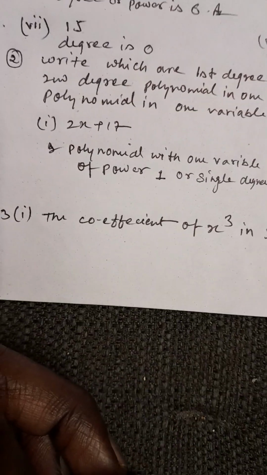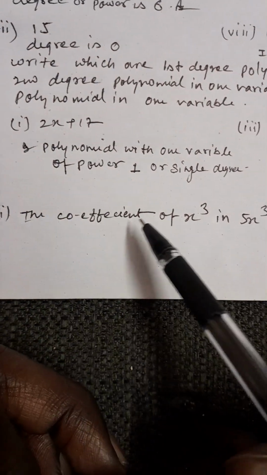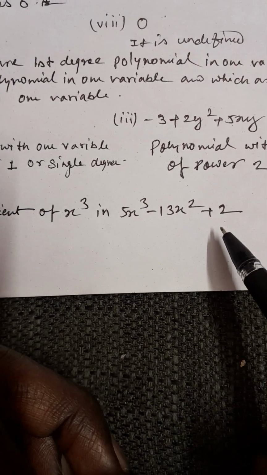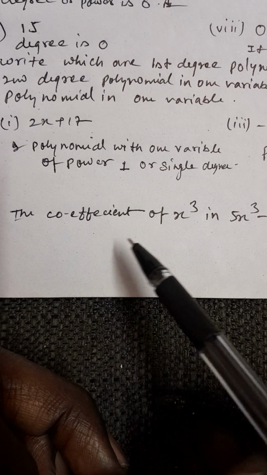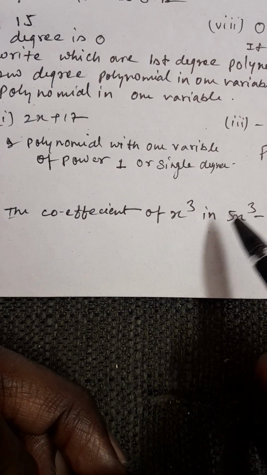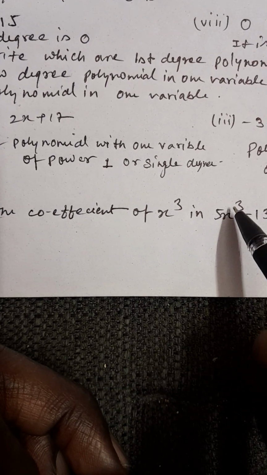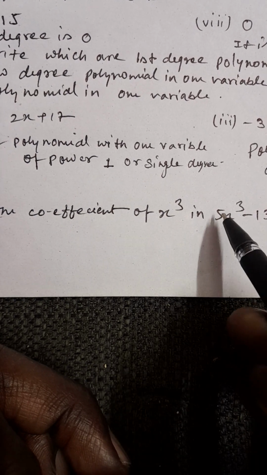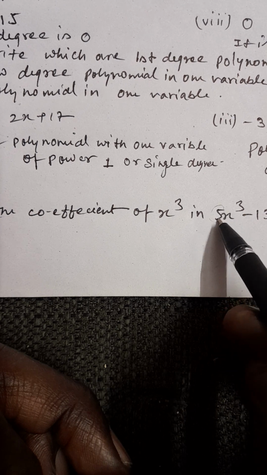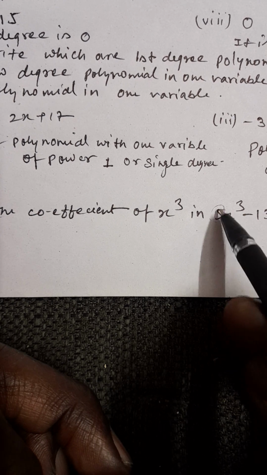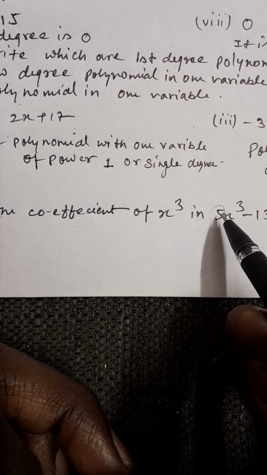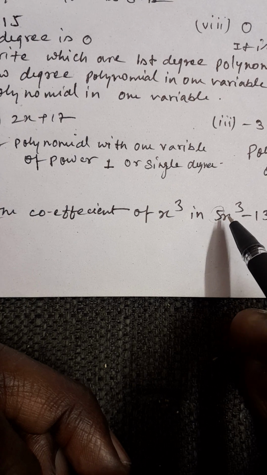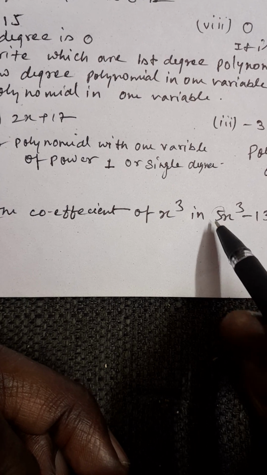Next question, question number 3. Write the coefficient of x cube in 5x cube minus 13x square plus 2. So in this question we are asked for the coefficient of x cube. I told you in the example of polynomial what a coefficient is: the number with the alphabet, the factor related to the indeterminate. Whatever number is given with the alphabet is called the coefficient.